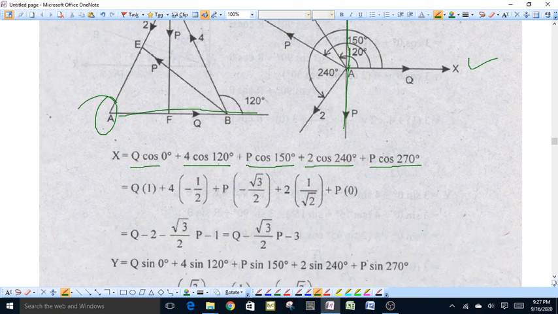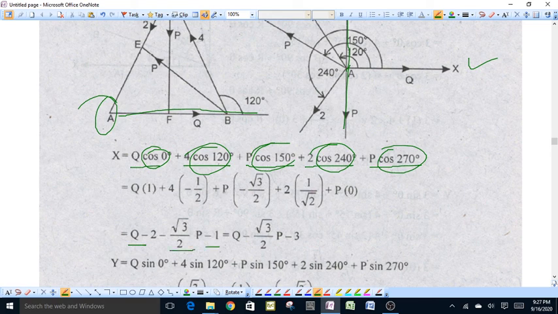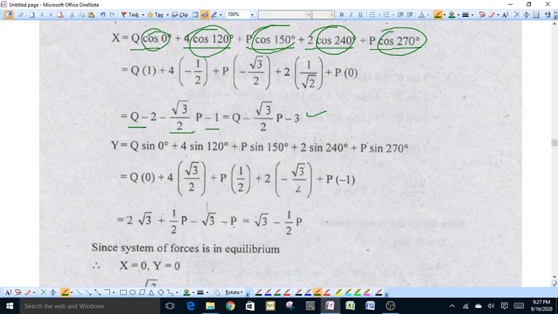After putting the values of cos 0, cos 120, cos 150, cos 240, cos 270, X will be equal to Q minus 2 minus root 3 by 2 P minus 1, which is equal to Q minus root 3 by 2 P minus 3. Similarly, we can find the algebraic sum of all the y components of all these given forces. This will be equal to root 3 minus half P.